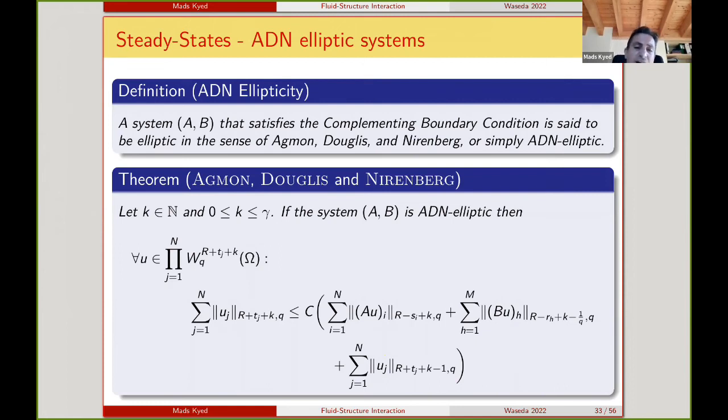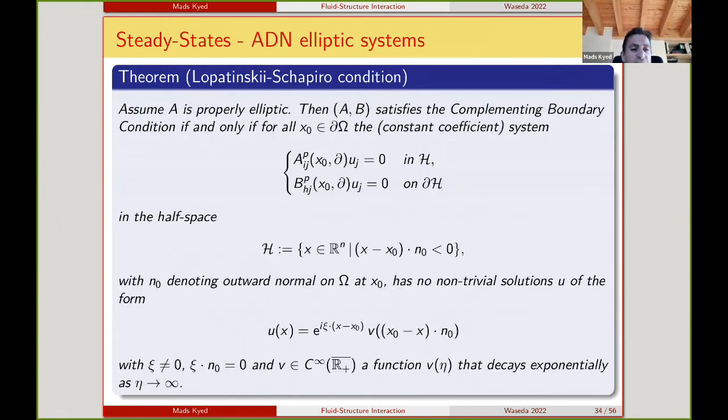And Agmon, Douglis, Nirenberg is the tool set that is typically used. At least, it's the only theory I could find in the literature for elasticity equations, and it relies on this Agmon, Douglis, Nirenberg theory. So I thought I would show it to you today, and how to work with it.